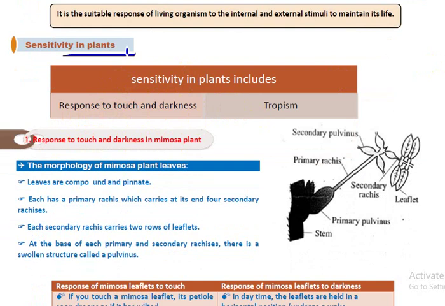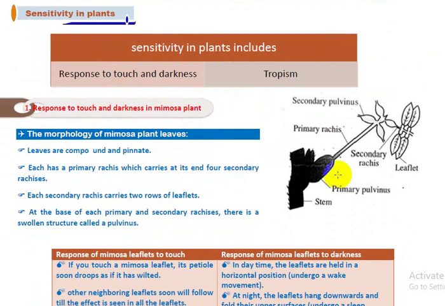Okay, the morphology of the plant is a pulvinus, a primary rachis, and the primary rachis ends with 4 secondary rachis, and each rachis ends with 2 rows of leaflets.